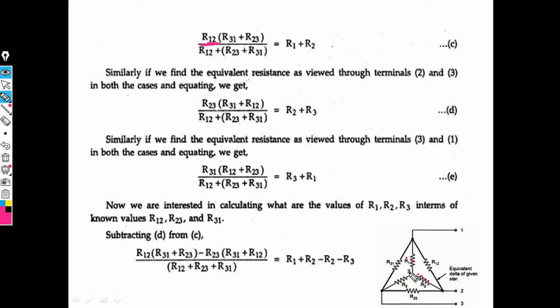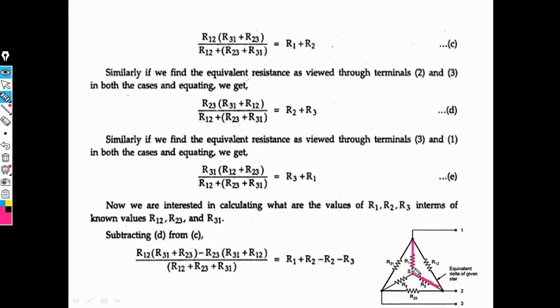Then this R1 R2 is here. We consider R1 plus R2, both connected in series.